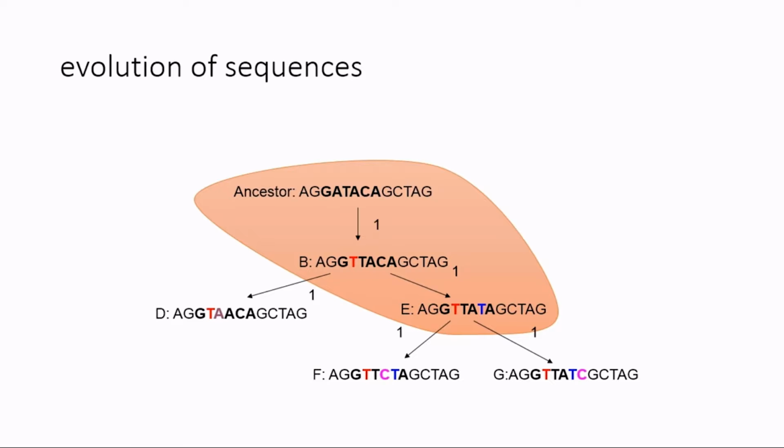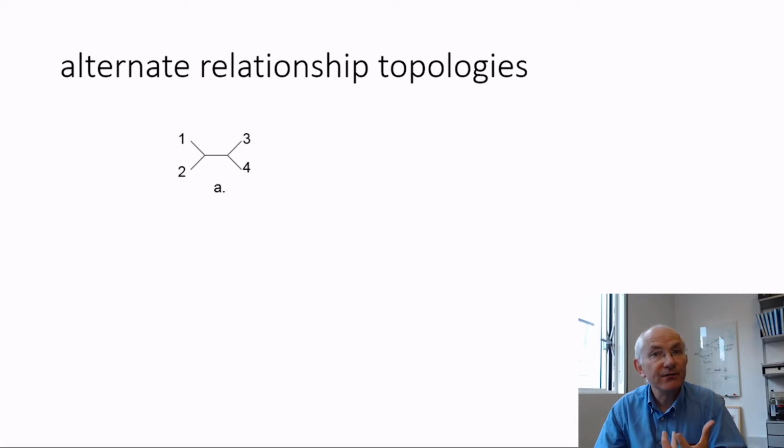The first thing to note before we can start building the tree that relates the extant sequences together is that for any one set of 4 different sequences, there are 3 alternative tree topologies. That's the shape of branching of the trees. 3 and only 3.